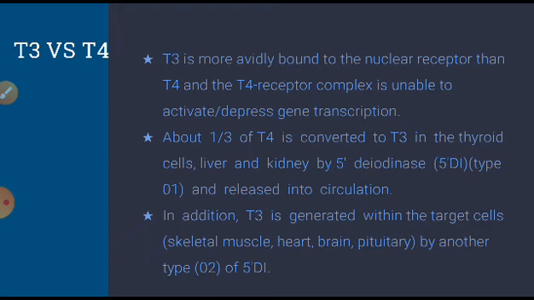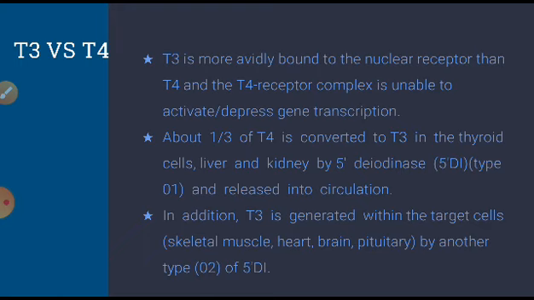It means that T3 has more genomic effects; it binds more onto the nuclear receptors, so it has more capacity to modify things at the genetic level. The T4 receptor complex is unable to activate or depress gene transcription.